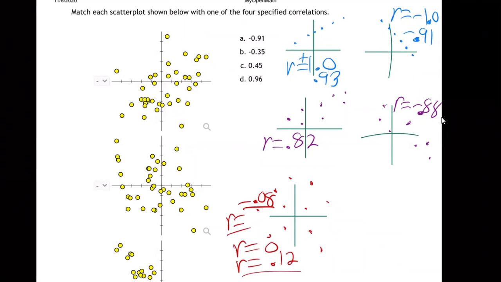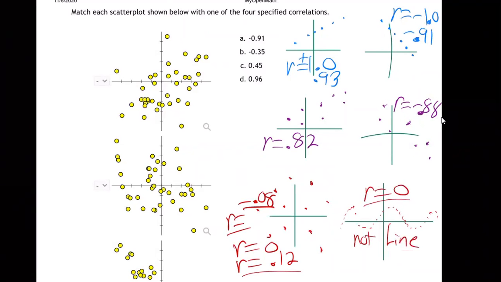And the last case is if the dots are in a pattern, like how about that pattern? But it's not a line pattern, right? That's still going to give you basically 0 because it's not a line.